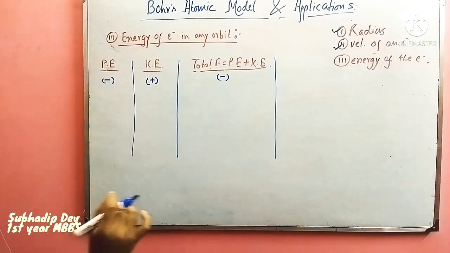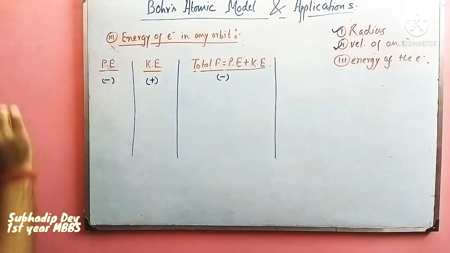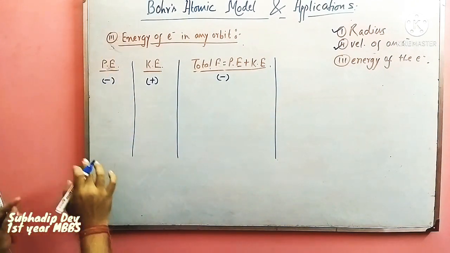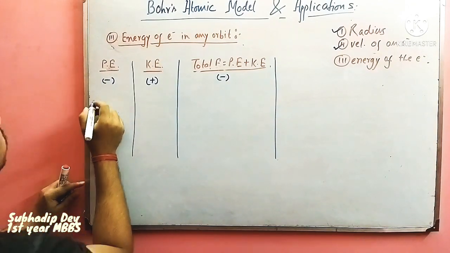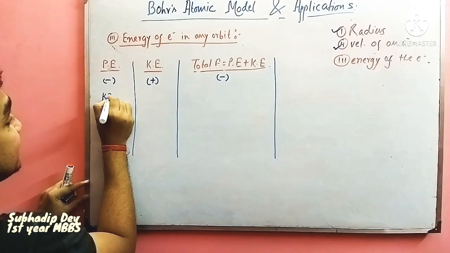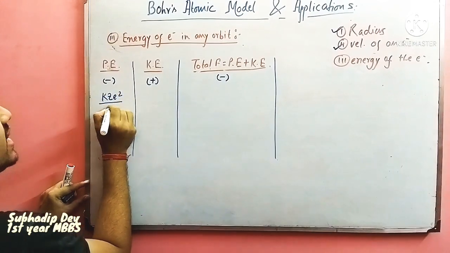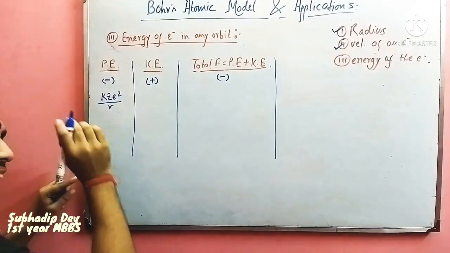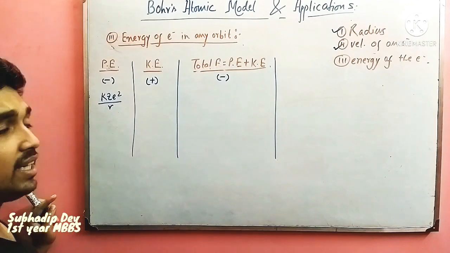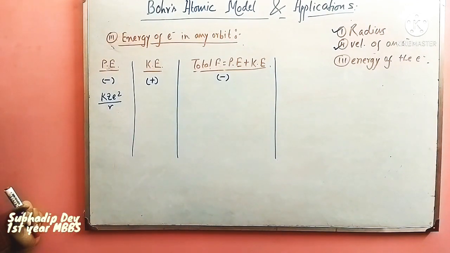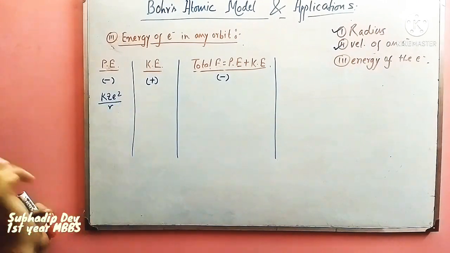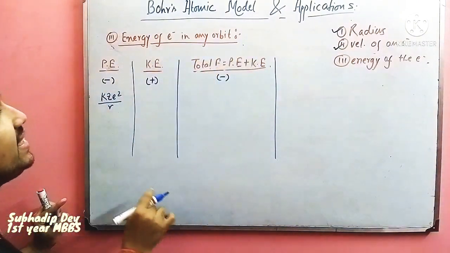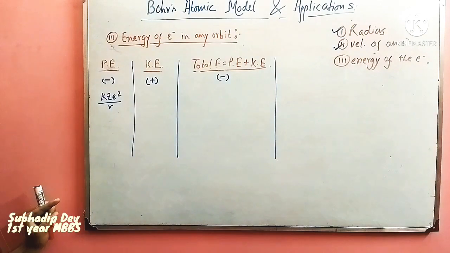Now we will come to the value of the potential energy. Here, after a huge derivation, the potential energy comes to be k z e square by r, where k is a constant value, z is the atomic number, e square is the charge, and r is the radius of the orbit in which the electron is moving.